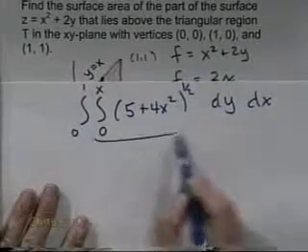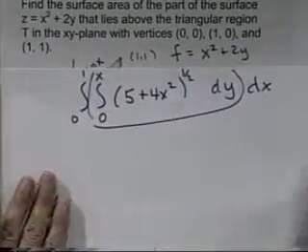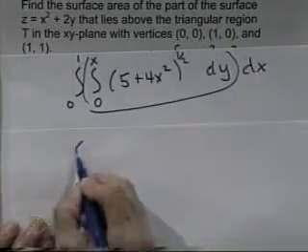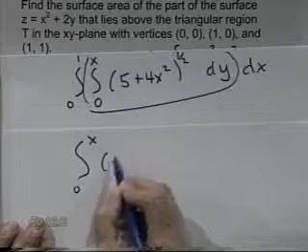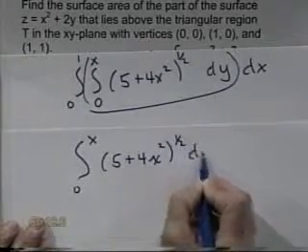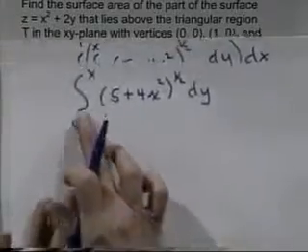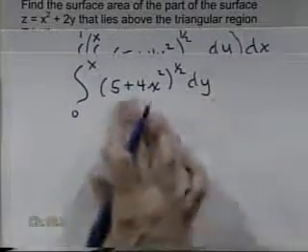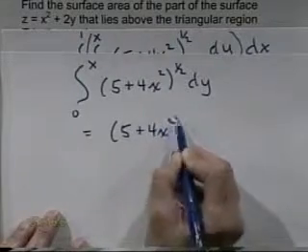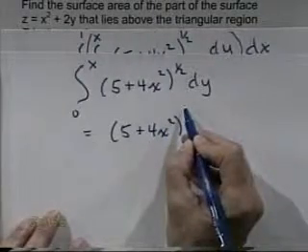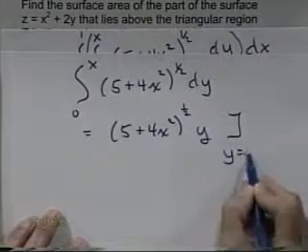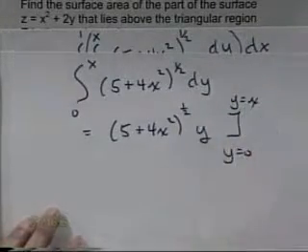Let's do our inner integral first. We're going to go integral from 0 to x of 5 plus 4x squared to the 1/2 dy. This is just a constant, isn't it? That's just a constant. So it's going to be 5 plus 4x squared to the 1/2 times y, as y goes from 0 to x.